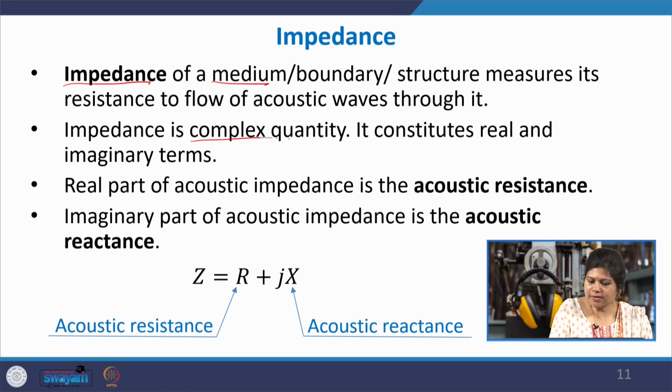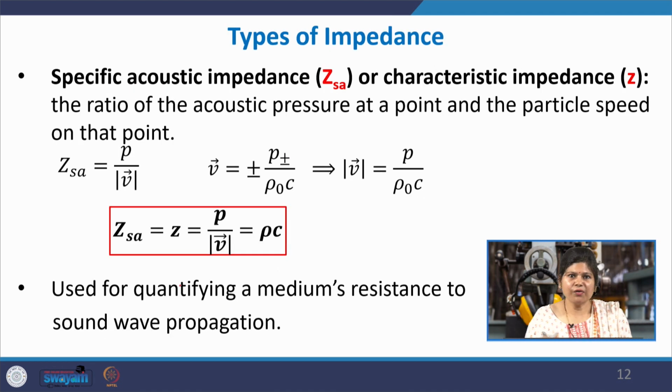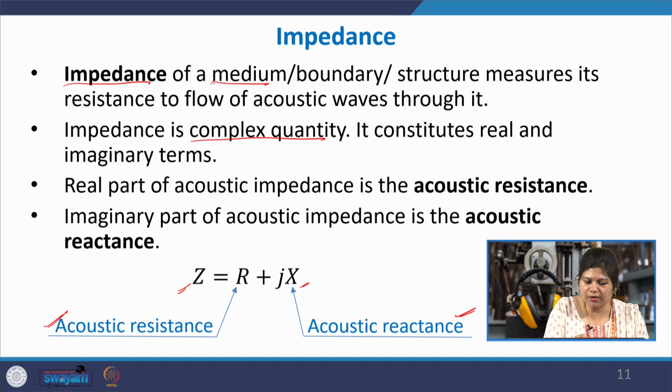It is a complex quantity. The real part is called the acoustic resistance, and the imaginary part is called the acoustic reactance. It is denoted by the letter Z. There are various types of impedance, depending on whose resistance you are trying to measure.